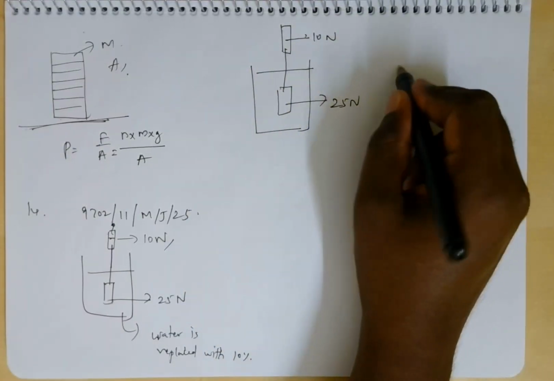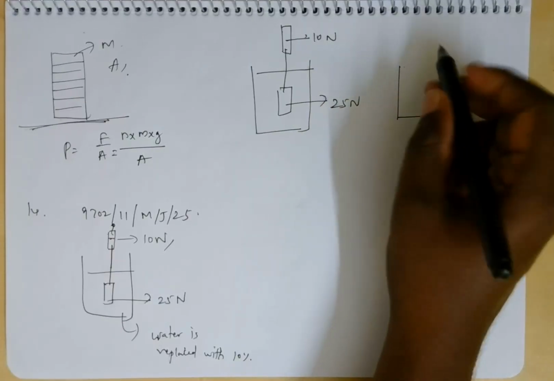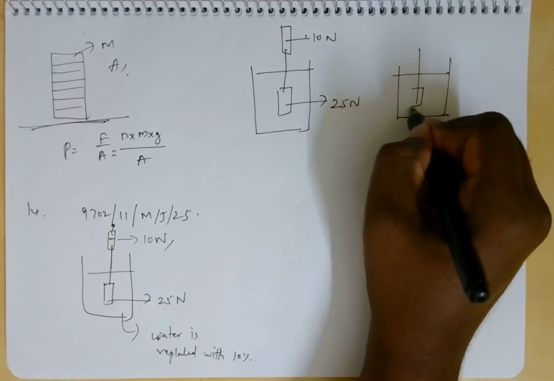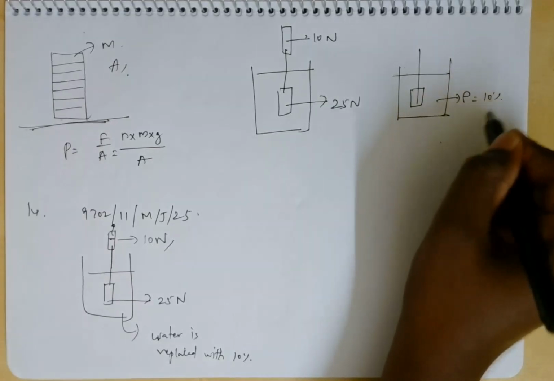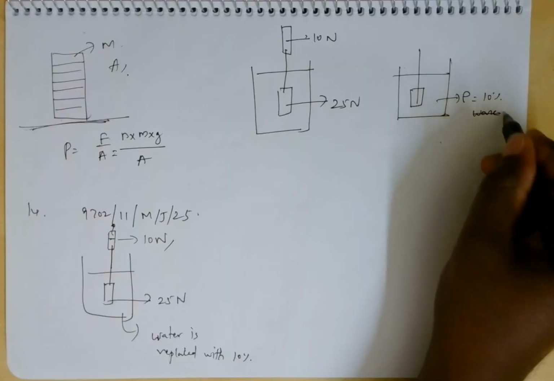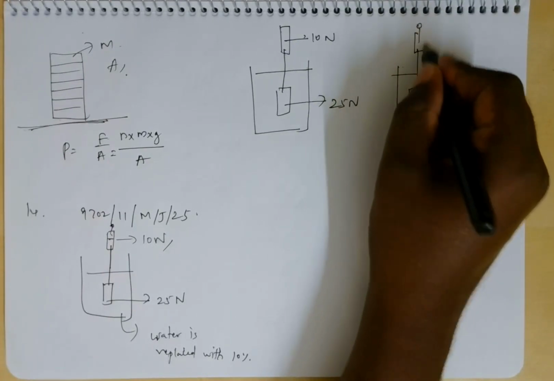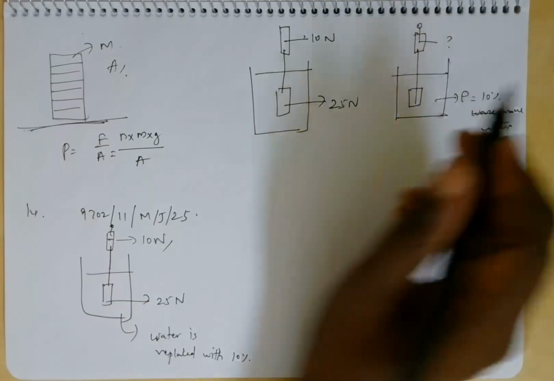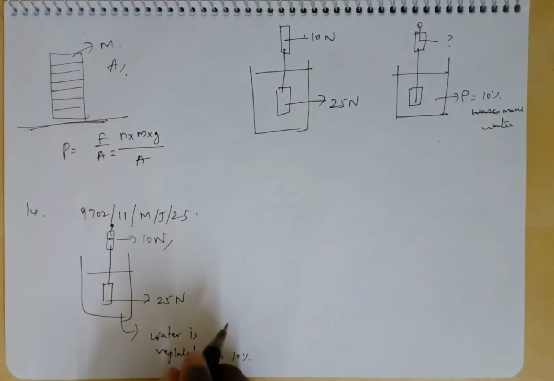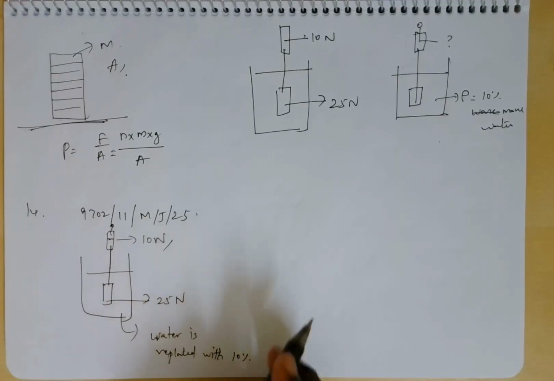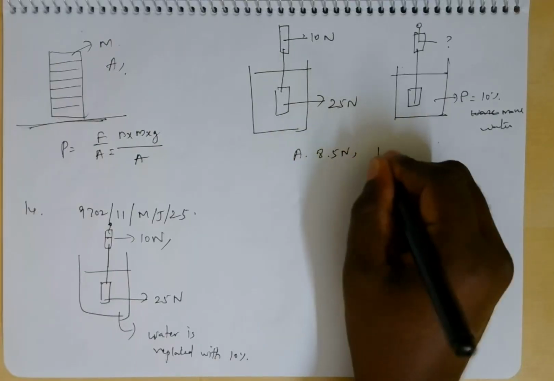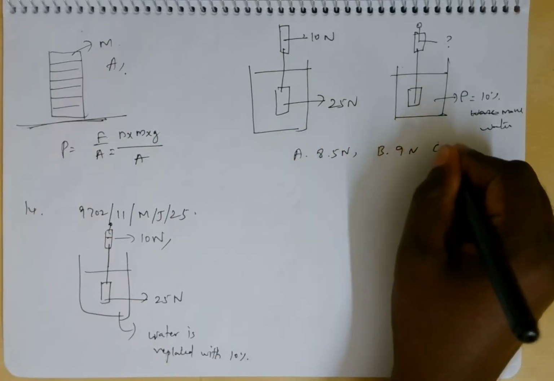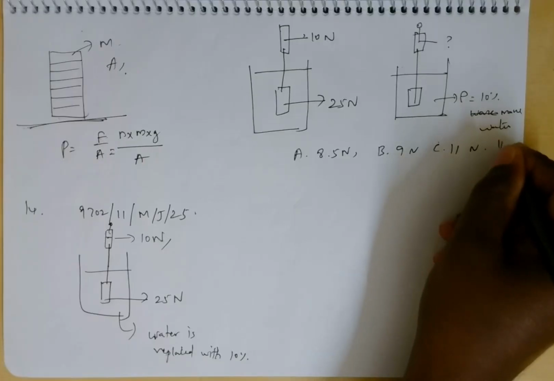Now, if the water is changed with some other liquid whose density is 10% more than water, what will be the Newton meter's reading? So we have four options: 8.5 Newton, 9 Newton, 11 Newton, and 11.5 Newton.